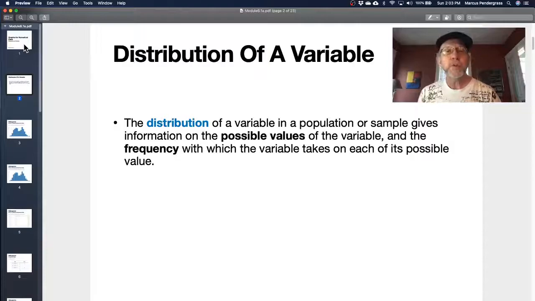The distribution of a variable in either a population or a sample gives us information on two things. First, the possible values that the variable takes on, and secondly, the frequency with which the variable takes on these possible values. So histograms and dot plots give us a graphical representation of the distribution of a variable.